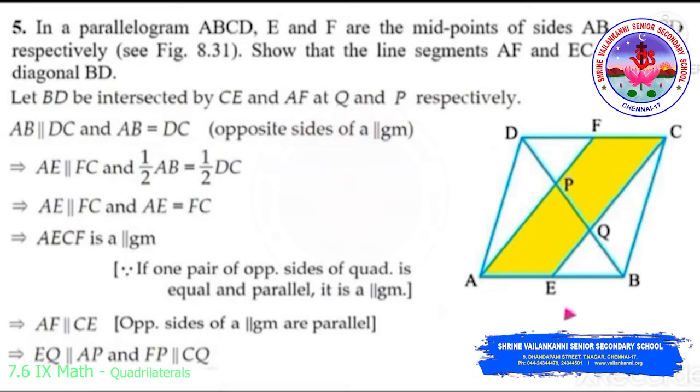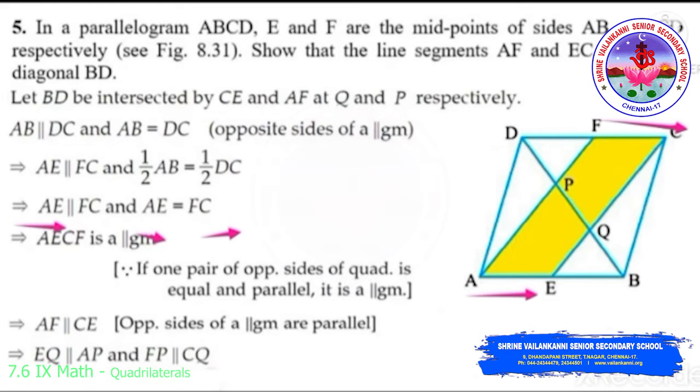Since E lies on the line AB and F lies on the line CD, AE is parallel to CF. Taking half of AB and CD, since E and F are the midpoints of AB and CD, half of AB is AE and half of CD is CF. So AE is equal to FC.